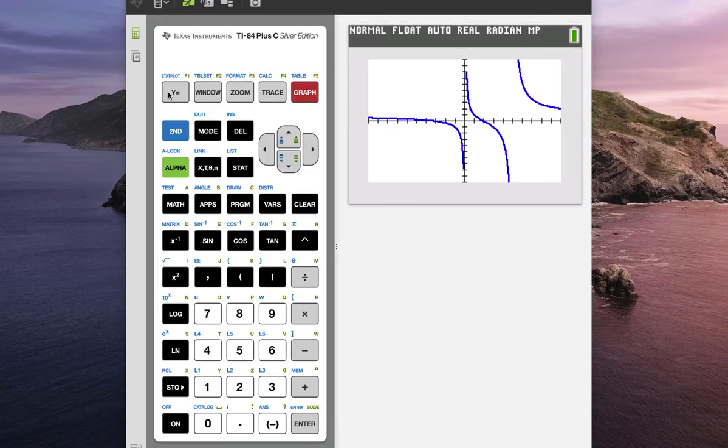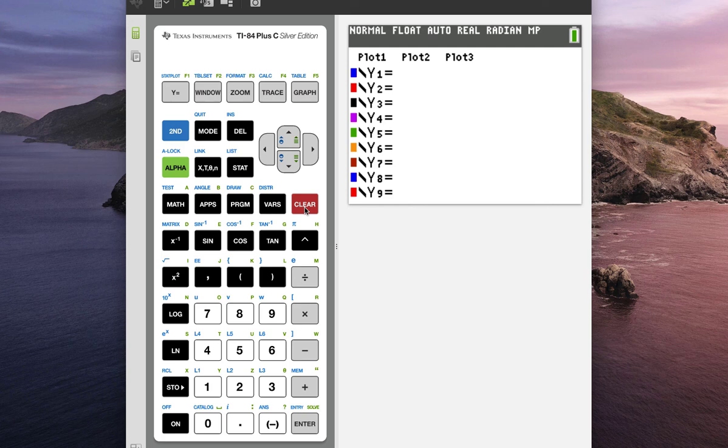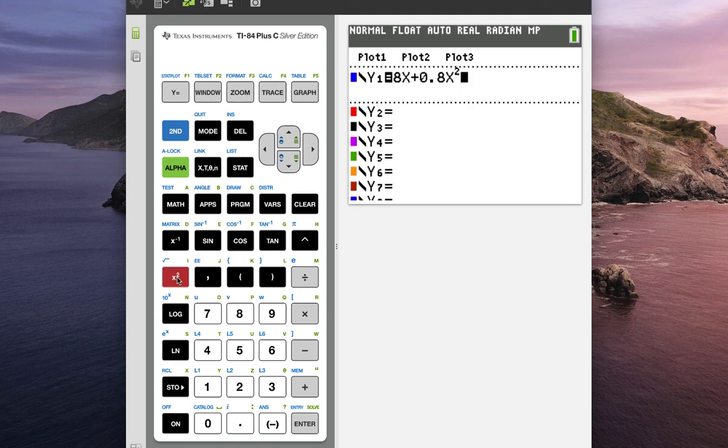So let's go ahead and do that. Going in here and clearing this out, so we have 8x plus 0.8x squared, minus 0.002x cubed, and then minus 16,000.